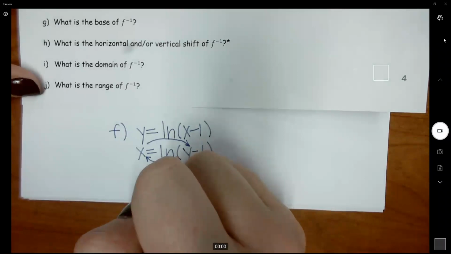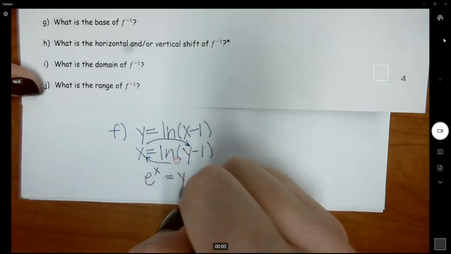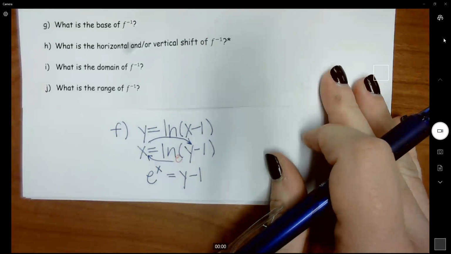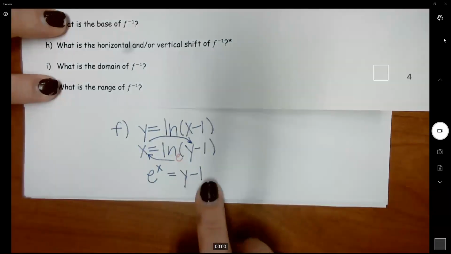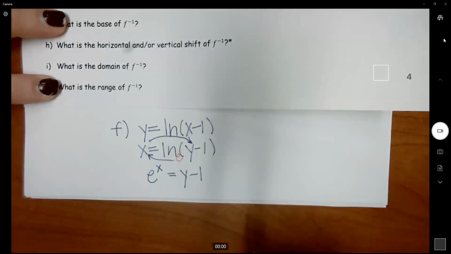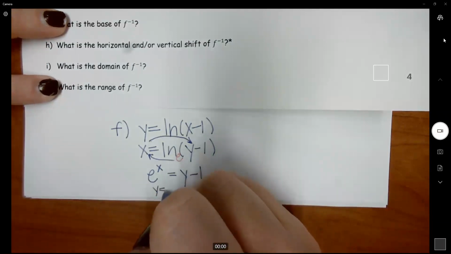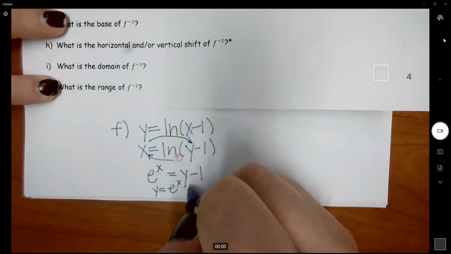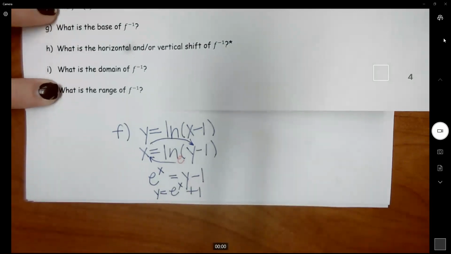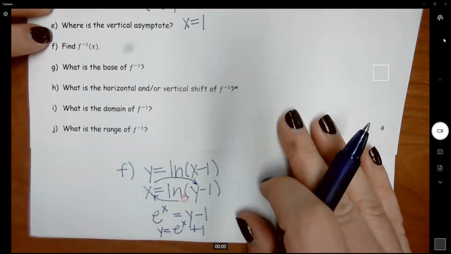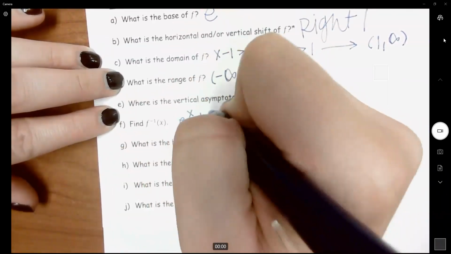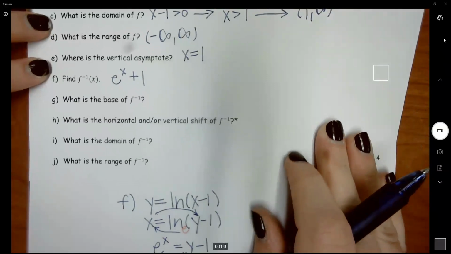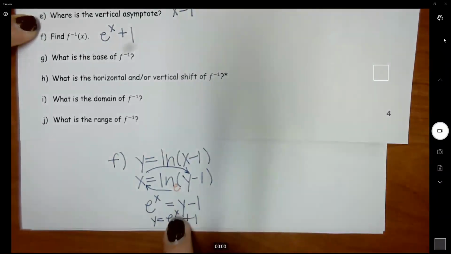So this is e to the x equals y minus 1. Then the last step to solve for y is to add this 1 over. So I'm going to get y equals e to the x plus 1. So for f, the inverse is e to the x plus 1, because we solved it down here.